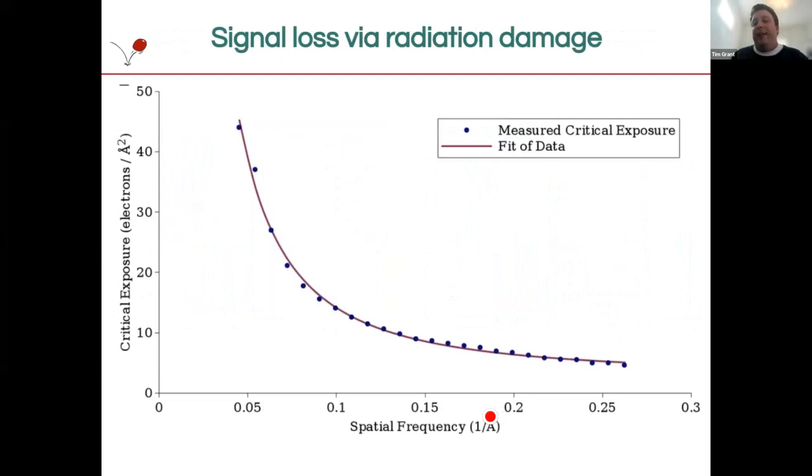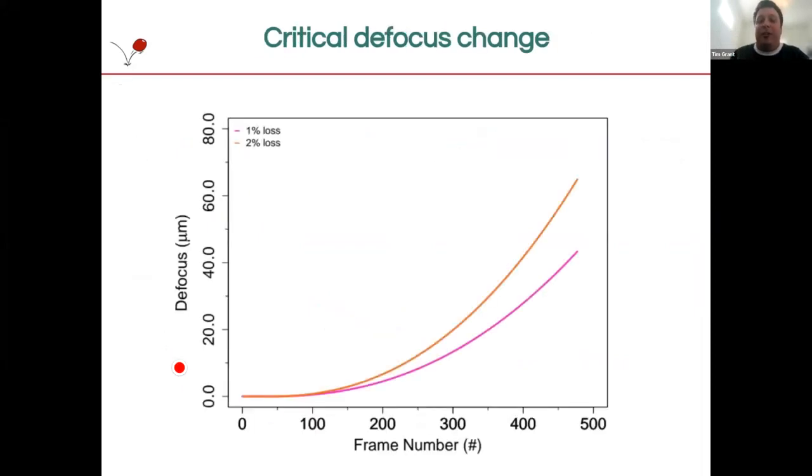But actually, it turns out that's not too much of a problem for us, because we also know that as you increase your dose, as your movie frame carries on, you're losing a lot of your high resolution information anyway due to radiation damage. And so what we can do is take the measurements of radiation damage and defocus signal loss and combine them into something we call a critical defocus change, where we can estimate the maximum we can change our defocus for a given signal loss.